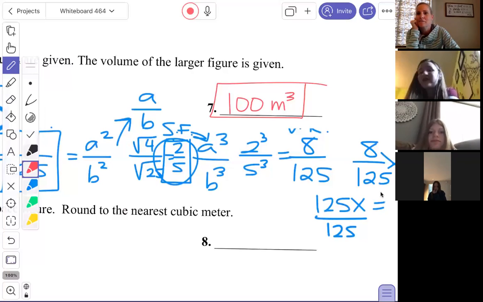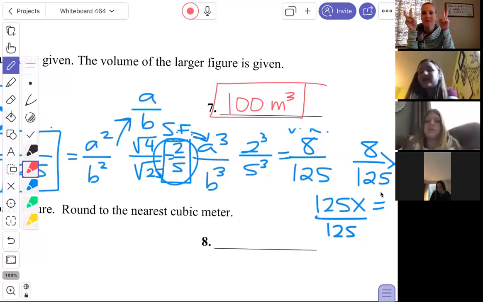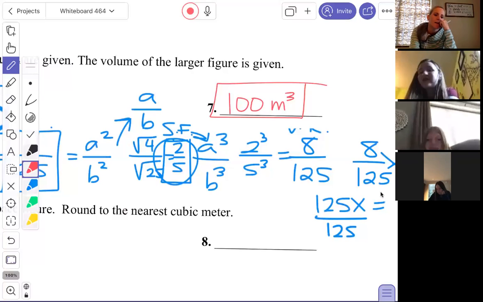So will you put a place in Canvas to upload the worksheets that we write on? Yeah, there's an assignment. It's listed as an assignment, and it says something like, oh gosh, what did I call it? Chapter 11 test or something.